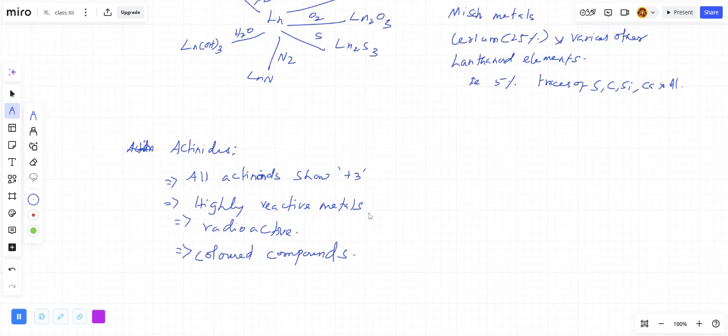These are the magnetic properties: many actinoid ions are paramagnetic. Regarding chemical properties, they are less reactive towards acids.